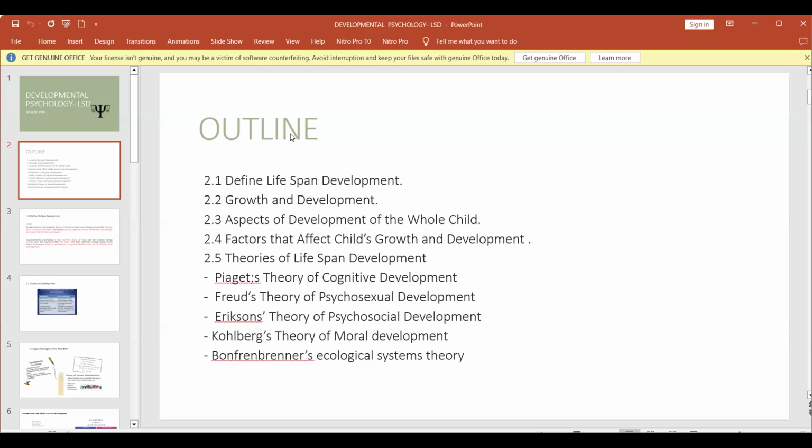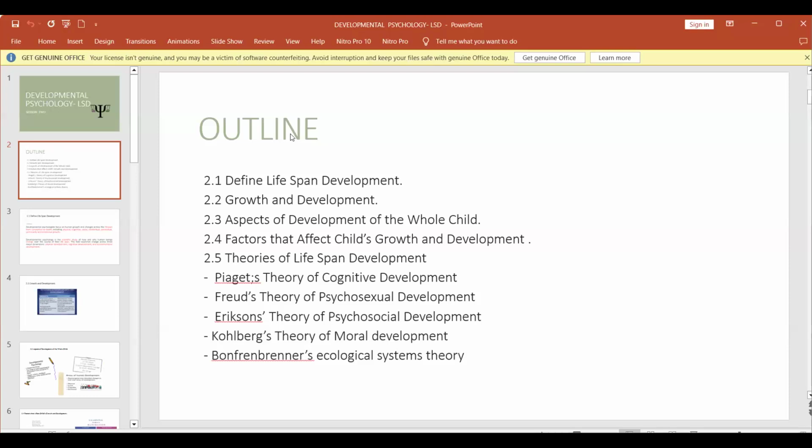Then we started our discussion on theories of lifespan development. Under theories, we have 5 theories lined up. We started with Piaget's theory of cognitive development. It is one of the aspects of development.